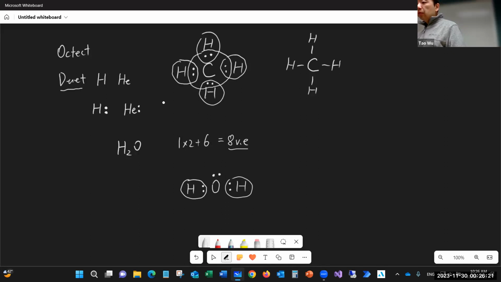That's why you put 2 paired dots on the oxygen. Then you check: oxygen has 8, hydrogen has 2. So this is the Lewis structure for water. That's it.